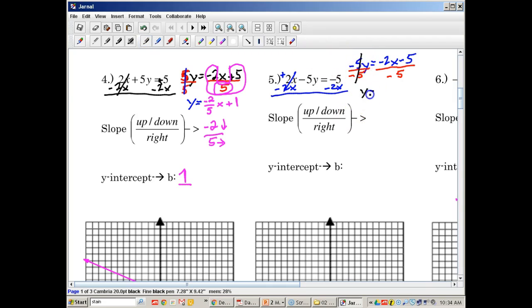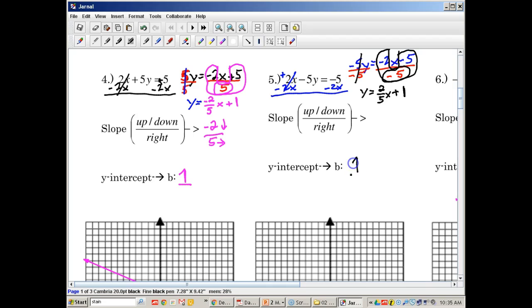Y equals, we'll have negative 2 divided by negative 5. So negative over negative, positive. And then negative 5 divided by negative 5, positive 1. Negative divided by negative is positive.